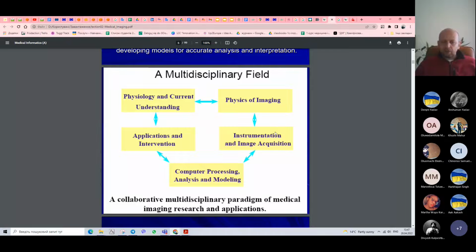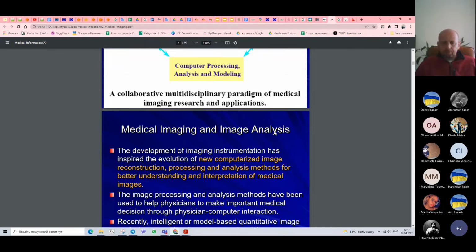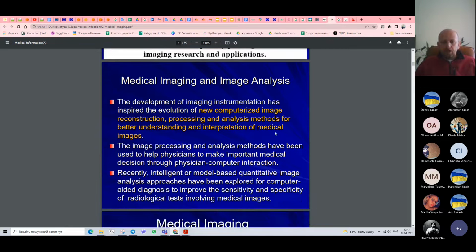A collaborative multidisciplinary paradigm of medical image research and applications. The development of imaging instrumentation has inspired the evolution of new computerized image reconstruction, processing and analysis methods for better understanding and interpretation of medical images.